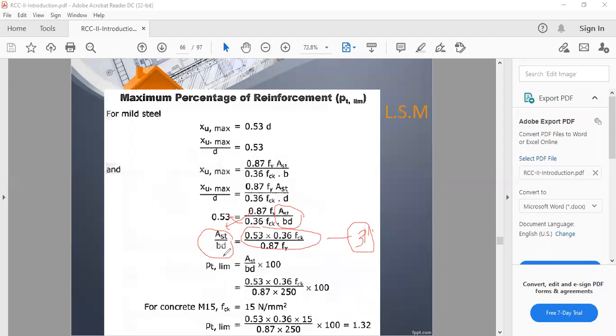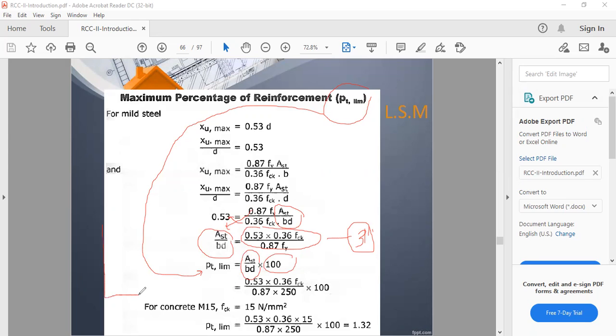And now PT limit. What is the formula for percentage of the steel? The equation is ASC upon BD multiplied by 100. ASC is the area of the steel.